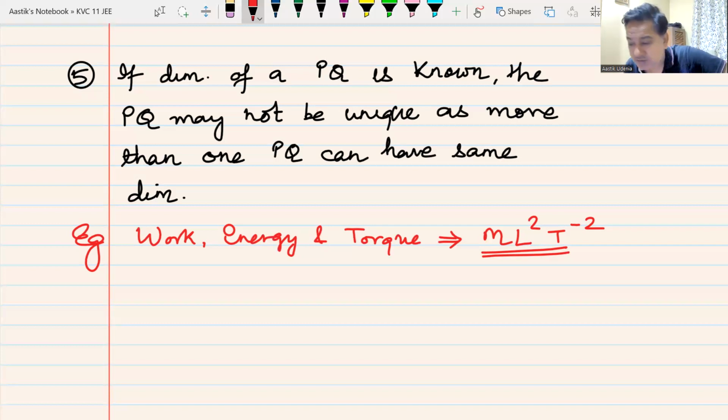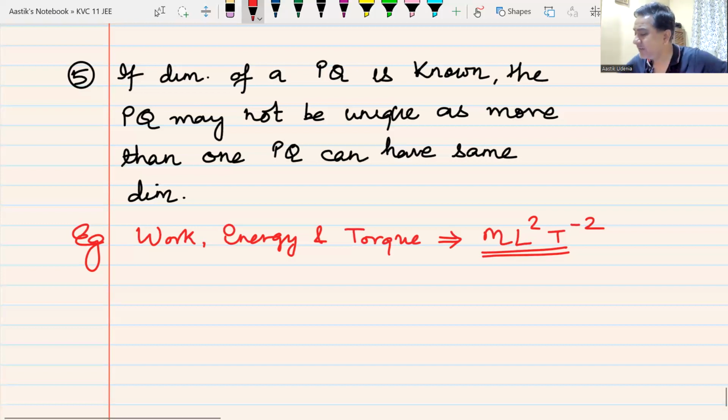Torque cannot be converted into work. Energy cannot be converted into torque. Looking at the dimension, I cannot say which quantity we are talking about. So this is another limitation of dimensional analysis. Do we understand this?